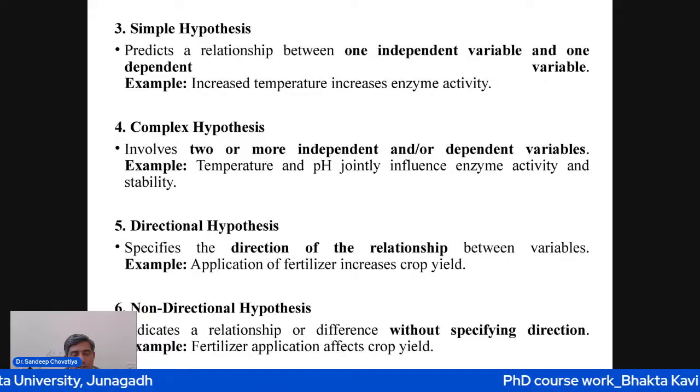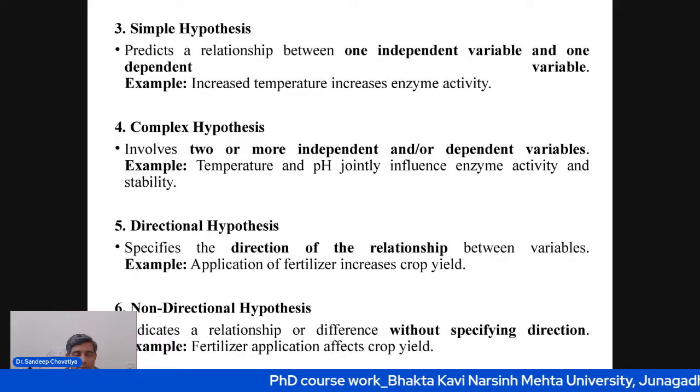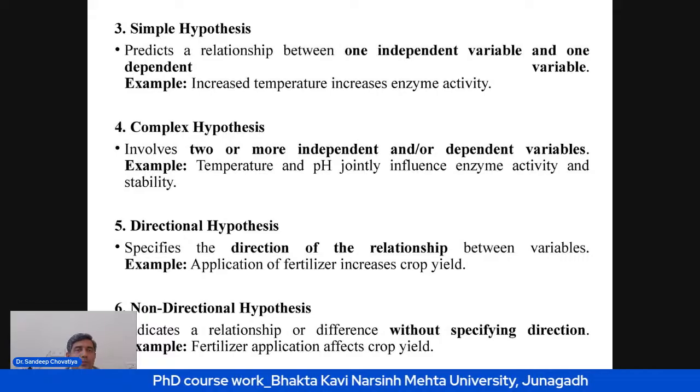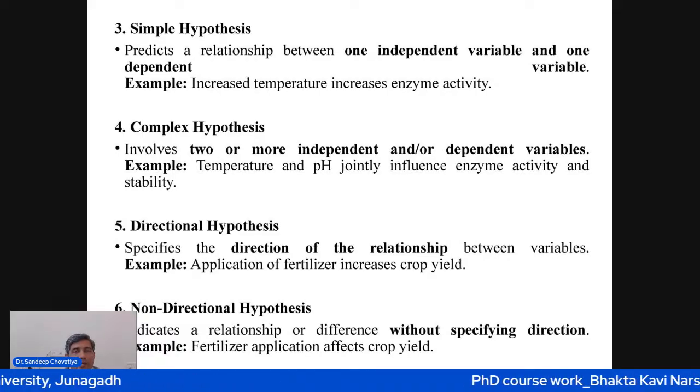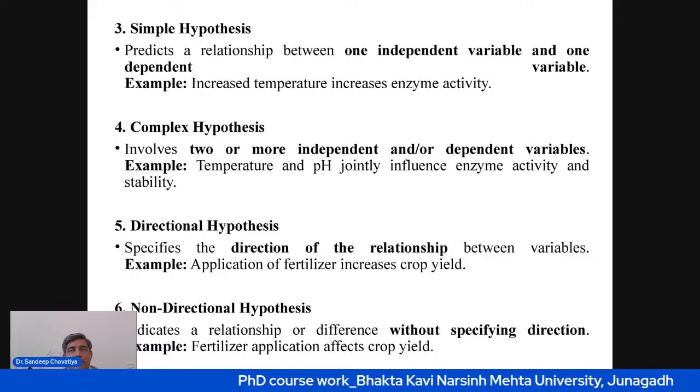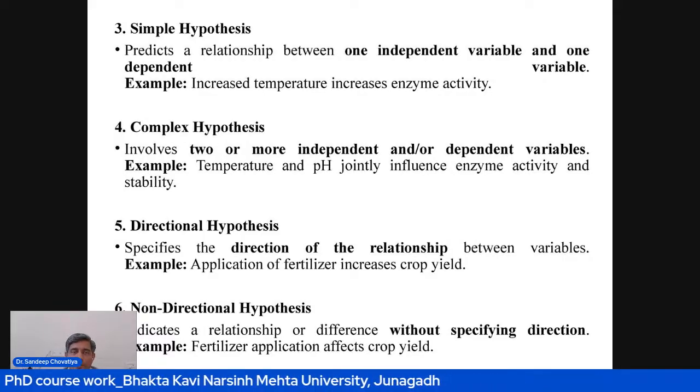If we increase the temperature to 40 degrees centigrade, then the simple hypothesis is that increasing the temperature increases the enzyme activity. Here only one independent variable is there, and it affects the dependent variable. So it is known as a simple hypothesis.